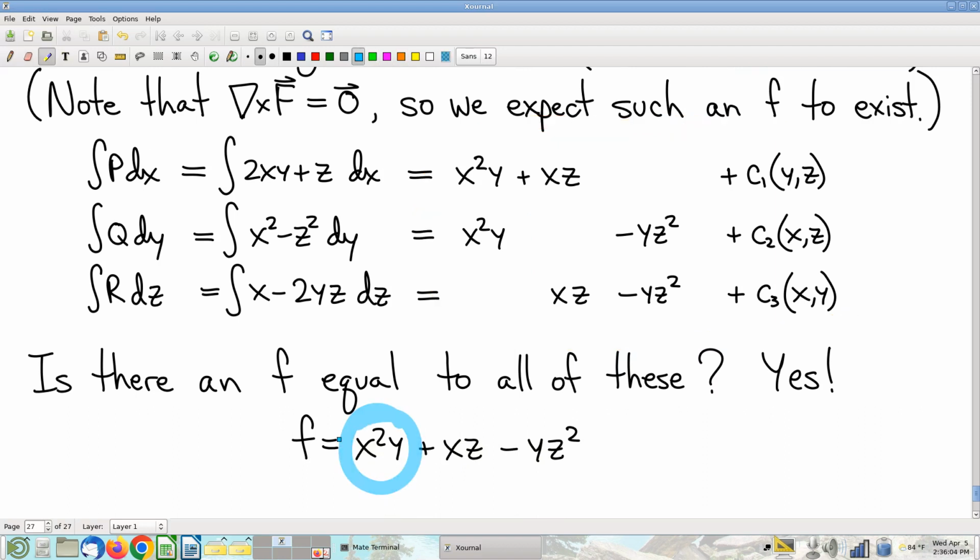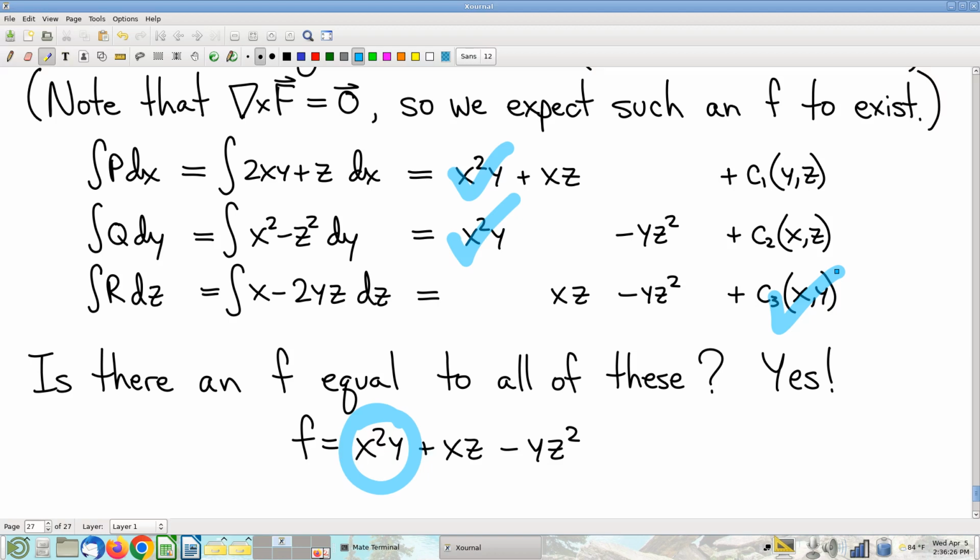X squared y is in all three of these lines. It's there, and then it's hidden as part of this C3 partial constant function of x and y. X squared y is a function of x and y, so that's okay. Right?